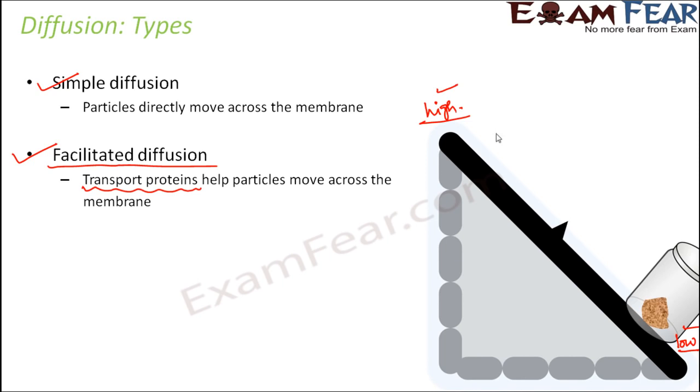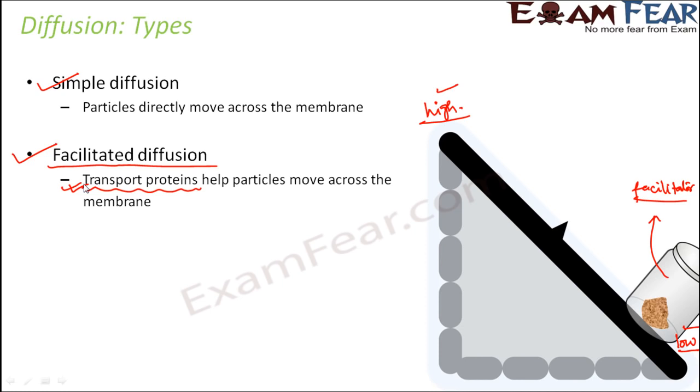What is this jar? This jar is nothing but the facilitator. This is the function performed by the transport proteins. In facilitated diffusion, the particles cannot move on their own from a region of high to low concentration, so they need somebody to carry them. They are called carrier proteins or transport proteins.